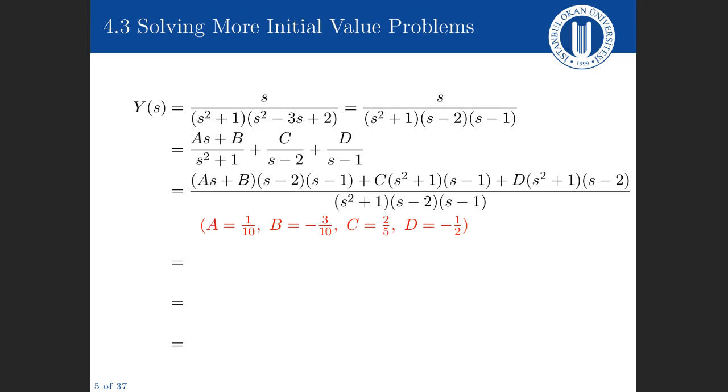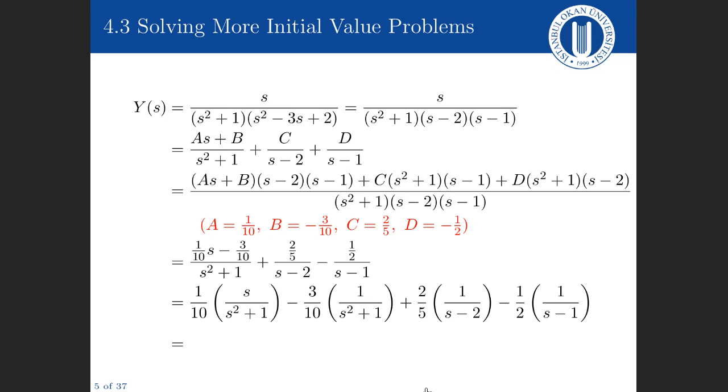I'm going to leave it for you to check that A is 1 over 10, B is equal to minus 3 over 10, C is equal to 2 over 5, and D is equal to minus a half. So we have (1 over 10 s minus 3 over 10) over s squared plus 1 plus 2 over 5 over s minus 2 minus a half over s minus 1, which we can write like this. 1 over 10 multiplied by s over s squared plus 1.